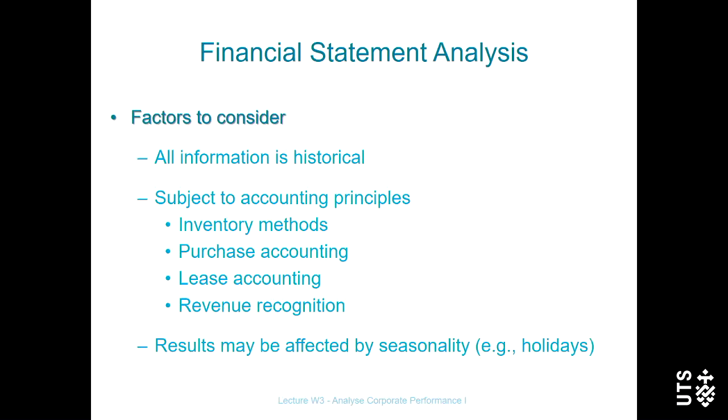In the operating lease, the asset never touches your balance sheet, because it does not belong to the company, it belongs to someone else, and we're just leasing it and paying these amounts. So the only impact of operating leases would be on the income statement. You also have to understand that results may be affected by seasonality.